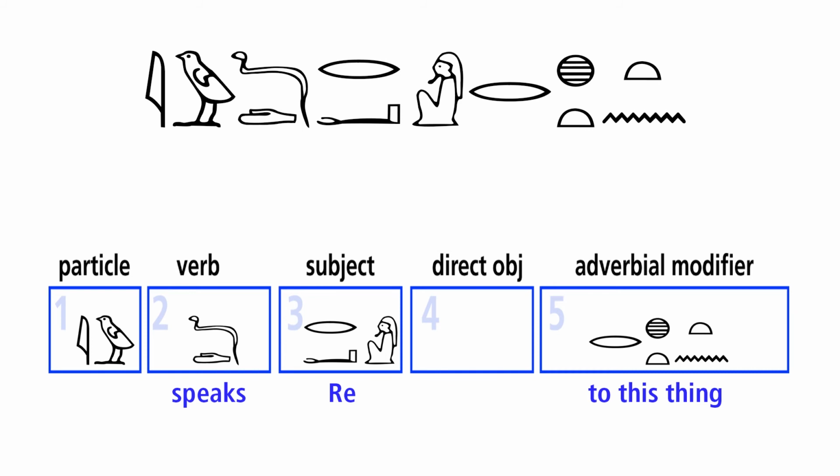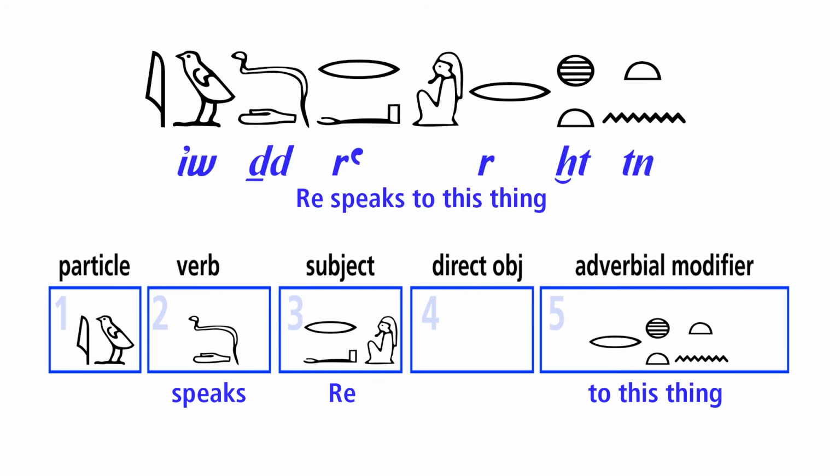Nothing in slot 4. And we have a prepositional phrase in slot 5, n kt tn, to this thing. Now, the noun for kt, thing, is feminine, which means that the demonstrative adjective, which follows the noun, has to be the feminine tn, this. The translation is, Re speaks to this thing.